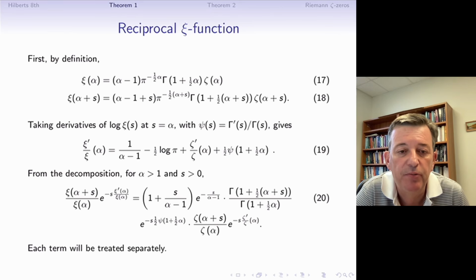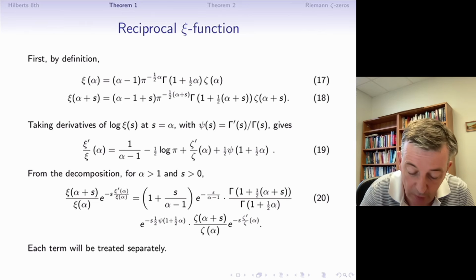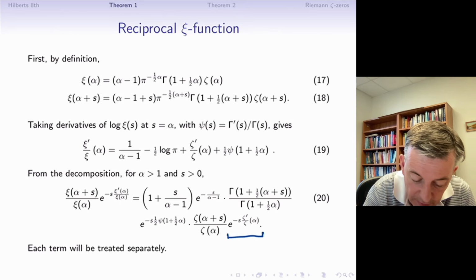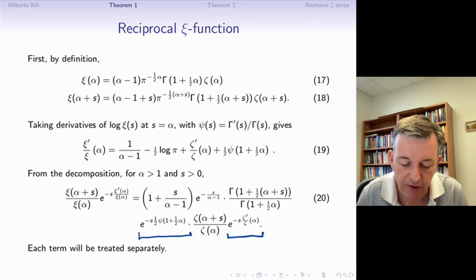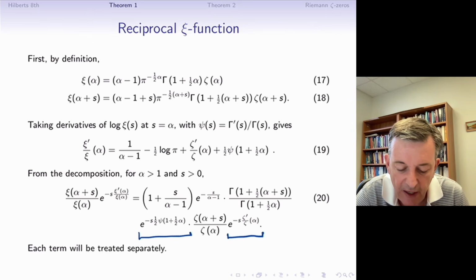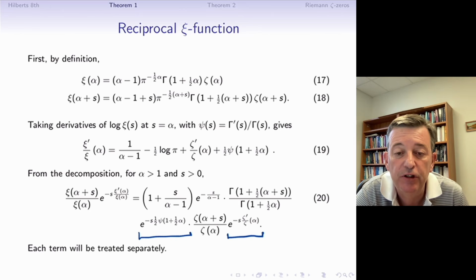Taking derivatives, we can actually find the log derivative of the psi function. 20 then puts everything together, and notice that we're normalizing some of these functions. So we're adding the digamma function xi to normalize the gamma function, and remember that alpha is bigger than 1, so all these things are well defined.